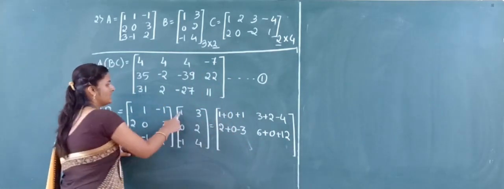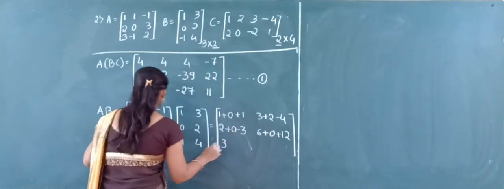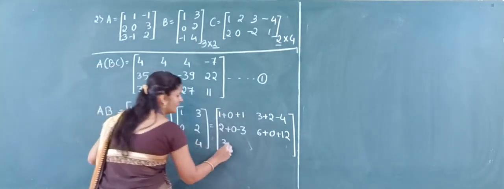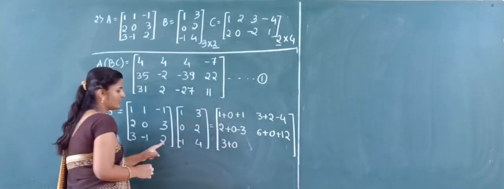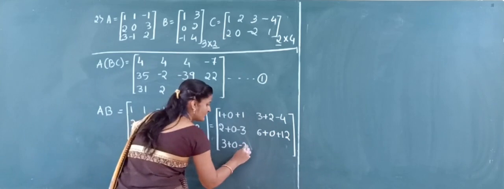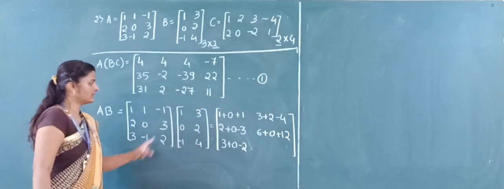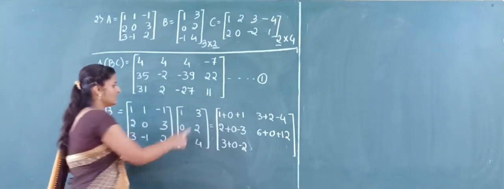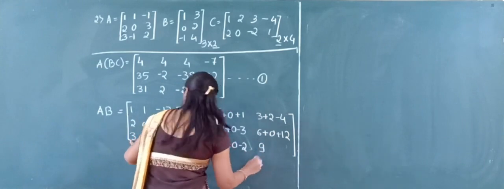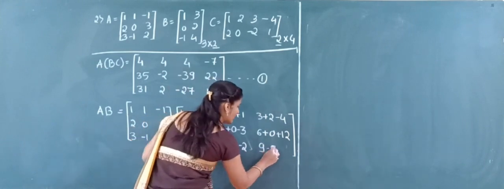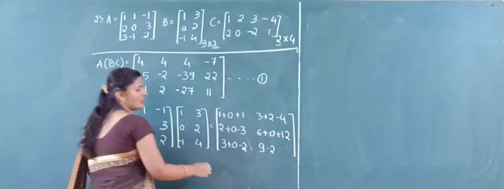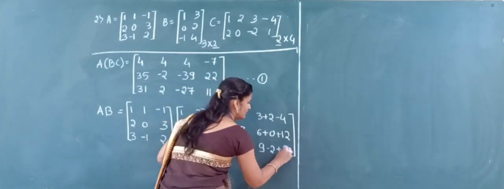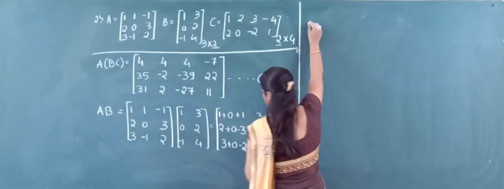Next, 3 into 1, 3, minus 1 into 0, 0, 2 into minus 1, minus 2. With the second column, 3 into 3, 9, minus 1 into 2, minus 2, 2 into 4, 8. So, final answer I will write here.